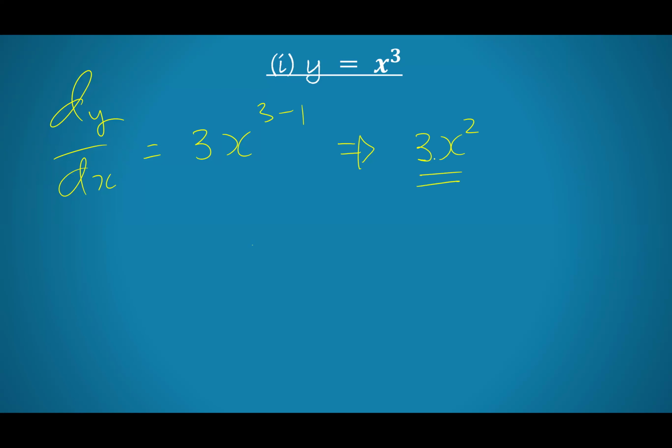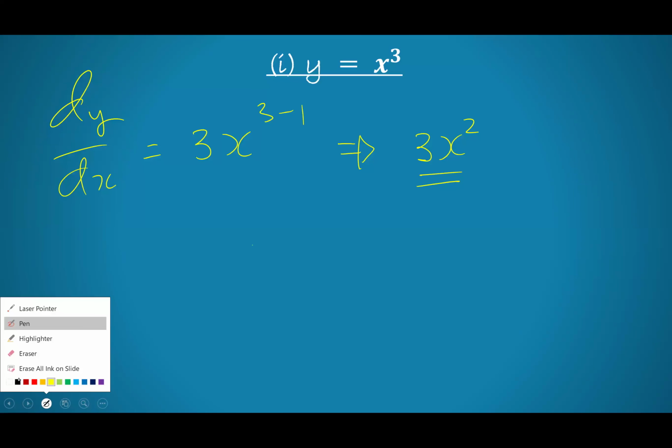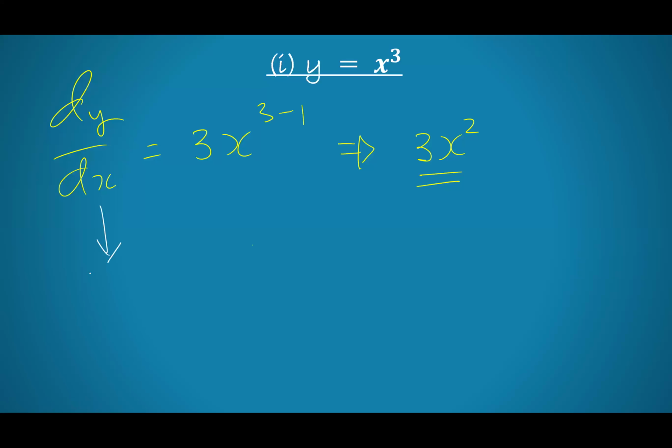If we have y is equal to x to power 3, dy dx will be, following the basic rule, the basic rule is that dy dx is equal to nx to the n minus 1. So that's exactly what I'm doing right there. Dy dx is equal to 3x to the 3 minus 1, which is 3x squared.